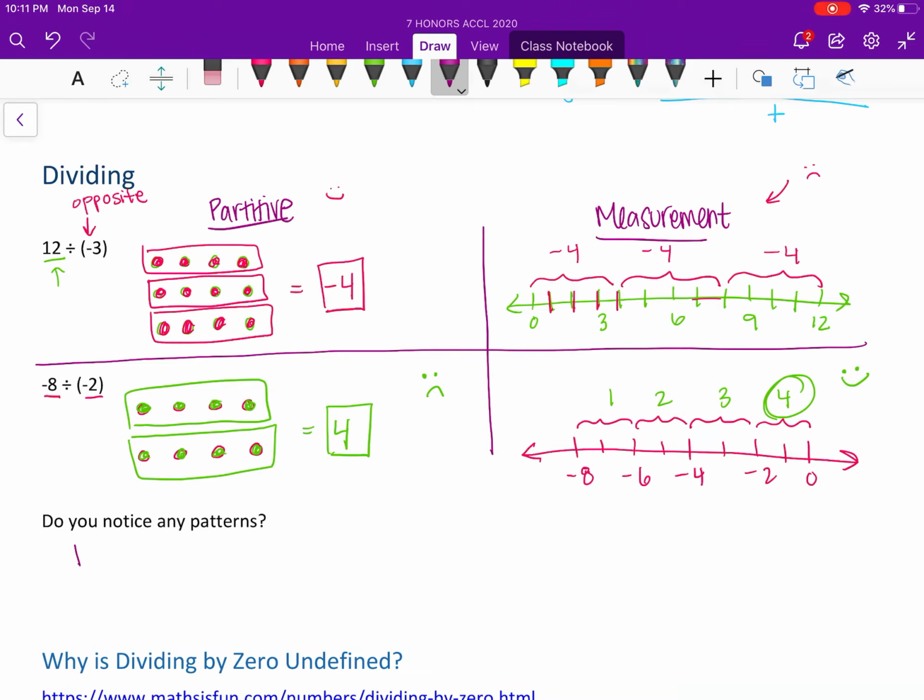Now you should have noticed that anytime you multiply or divide a positive and a positive, you get, well, a positive. Your product or your quotient is a positive. However, if you do a positive and a negative, your product or quotient is a negative. And if you do 2 negatives, your product or quotient is also a positive. So as you can tell, our quotient, -8 divided by -2, ended up being a positive.